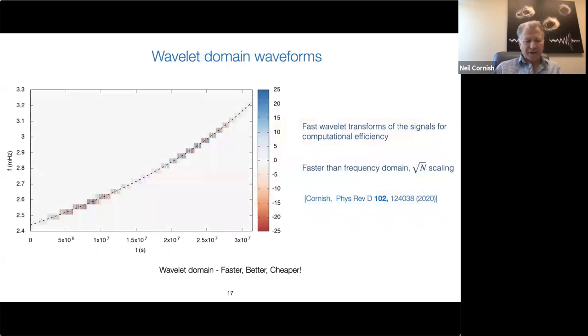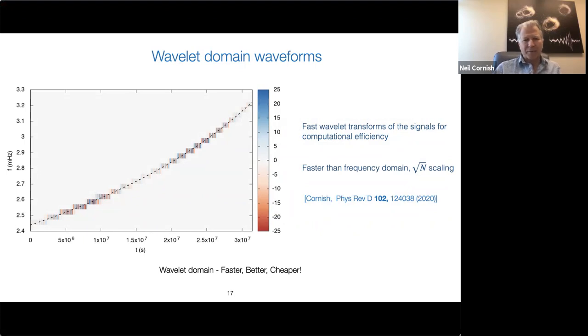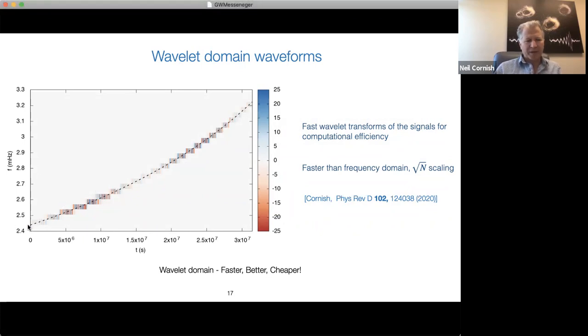And to do that, since we're moving the entire analysis to the wavelet domain, we need waveforms in the wavelet domain. So we've been able to figure out ways to directly calculate the waveforms in the wavelet domain. And it turns out there's an added bonus because a time frequency track of, say, a galactic binary or a massive black hole binary, it's a line in time frequency space.